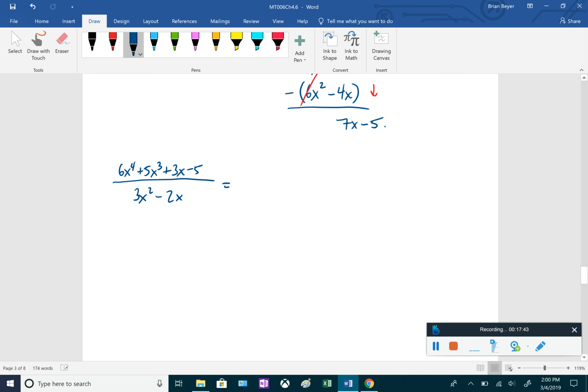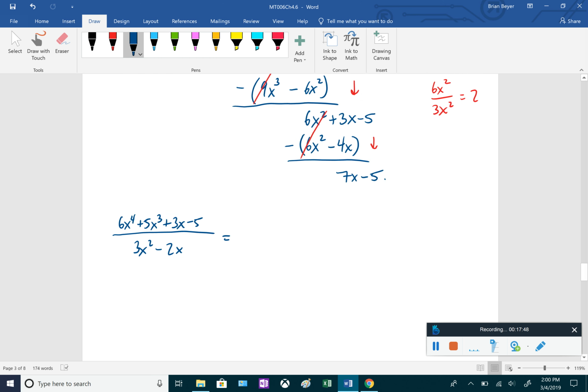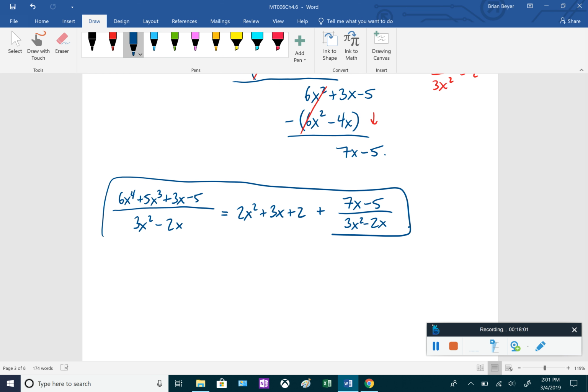And that's going to equal the quotient, which is 2x squared plus 3x plus 2, plus the remainder, 7x minus 5, divided by the original divisor. Okay, so that would be our answer for this one.